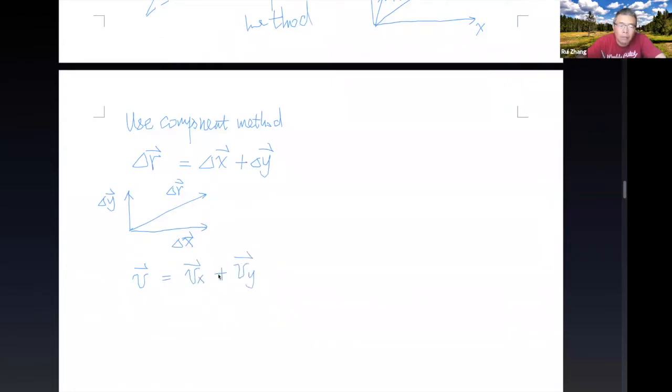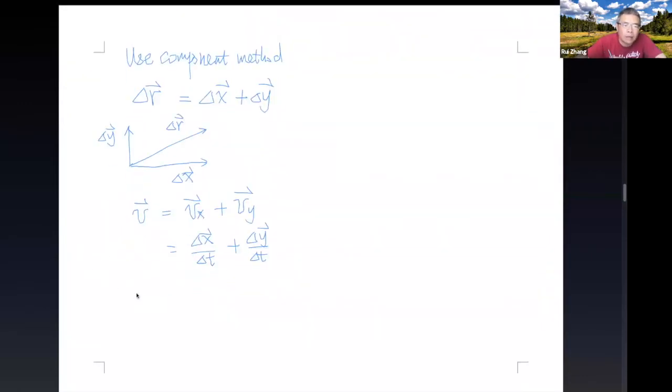Again, this is like two components. Now each one of these actually is related to the two components of the displacement. So you can write delta x divided by delta t plus delta y divided by delta t. Now similarly for acceleration, you can write this as ax plus ay, or delta vx over delta t plus delta vy over delta t.